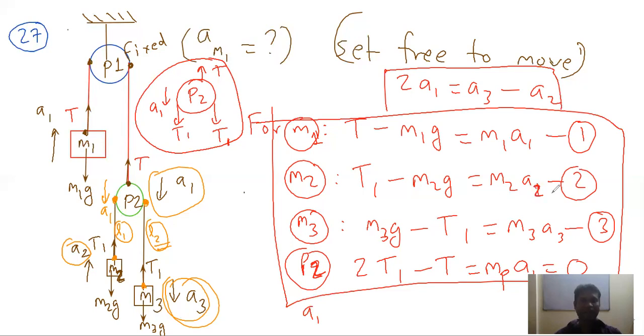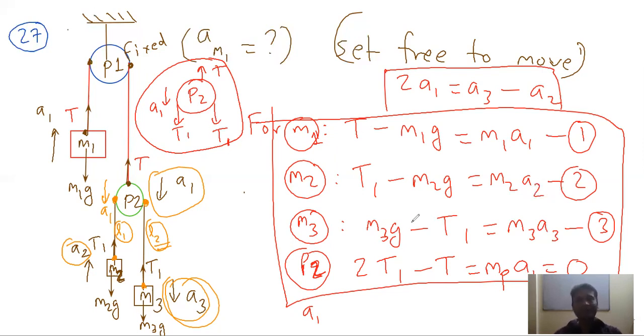So for M1 we have acceleration A1, for M2 we have acceleration A2, for M3 we have acceleration A3. So these are the three parameters which we have here.